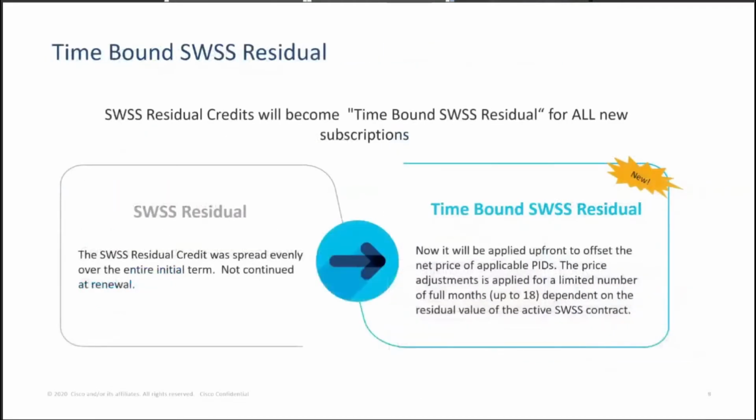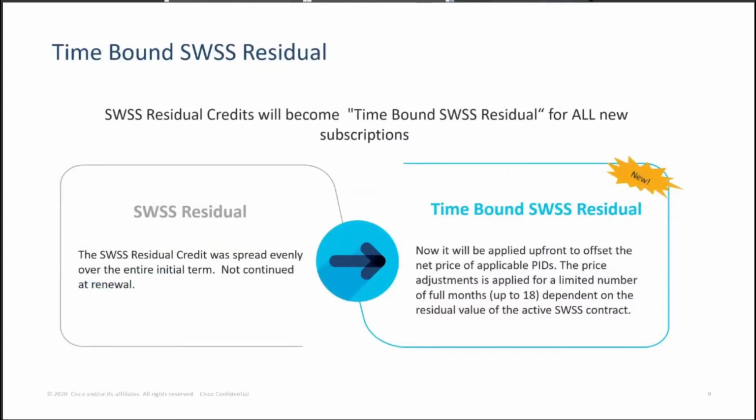But if you have SWSS today and you're saying, Dan, I have support, I can manage and update, but I do like what Flex 3.0 is going to give me. I'm not okay with losing the ability to add users in January next year, but I paid that SWSS. I've kept it current. There's what's called time-bound SWSS residual.